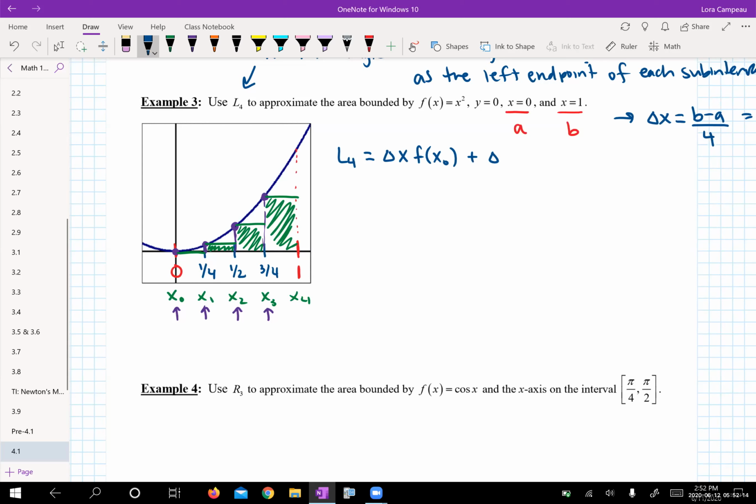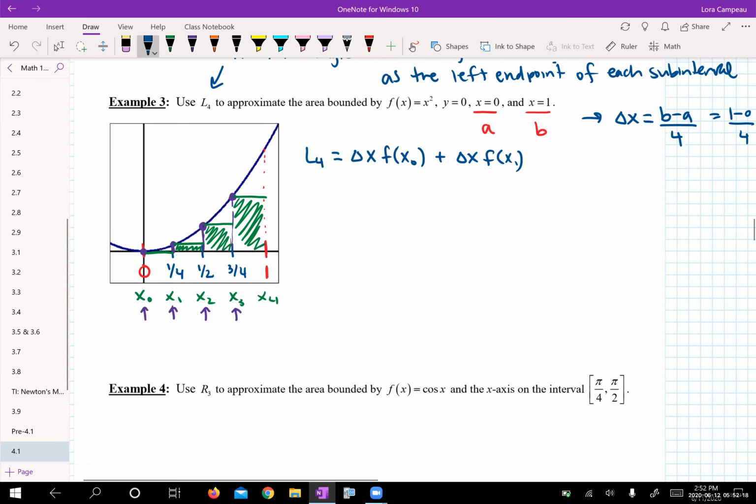Second rectangle, base times height, that's f of x sub 1. Third rectangle, delta x, base times height, f of x sub 2. And fourth rectangle, base times height, delta x, f of x sub 3. And then we can do some calculations.